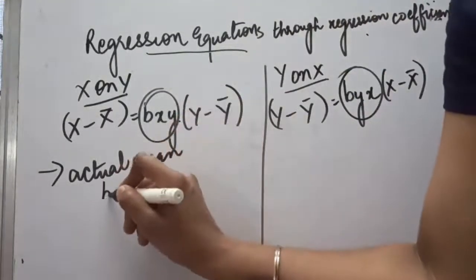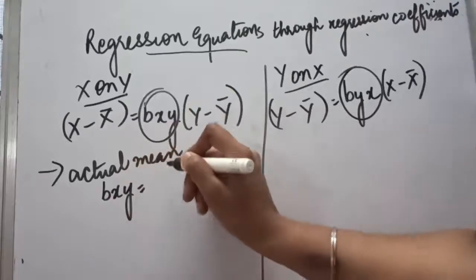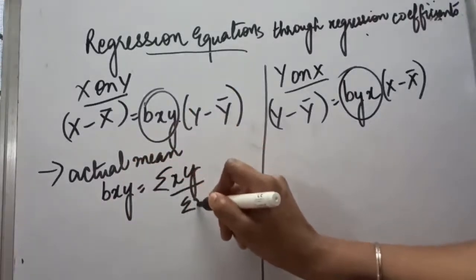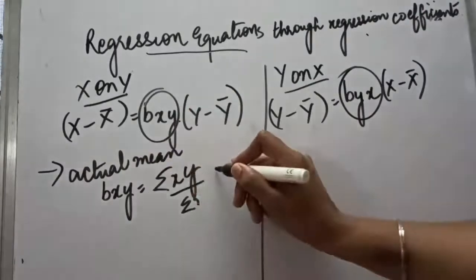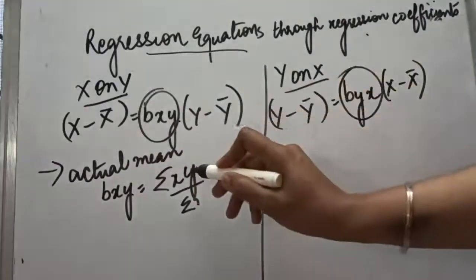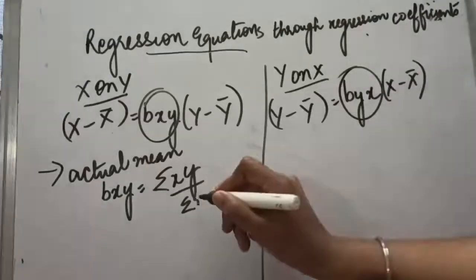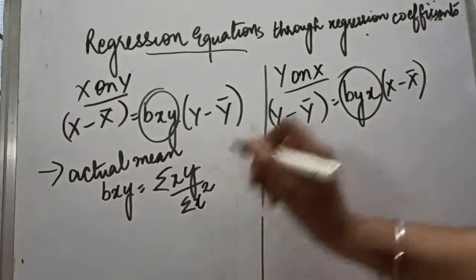But if you have to take the deviations from the actual mean, you can make use of this formula: sigma xy, where small x and small y denote deviations taken from the actual mean, as you all know till now. So according to this method, we use sigma xy divided by sigma x square.